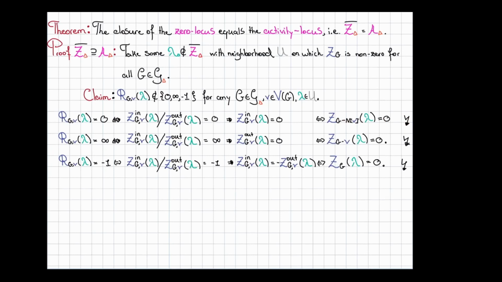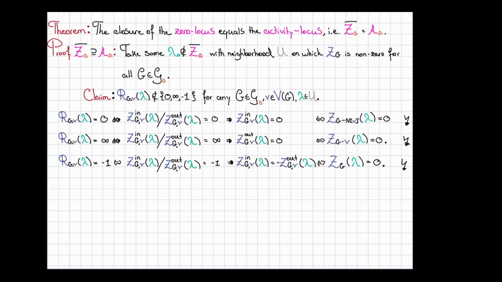And similarly, if the ratio takes on the value infinity, then definitely the denominator here must be zero. But this denominator, Z out, is just the independent set polynomial of a graph where I've removed the vertex V, which is also a bounded degree graph, so non-zero on U by assumption.